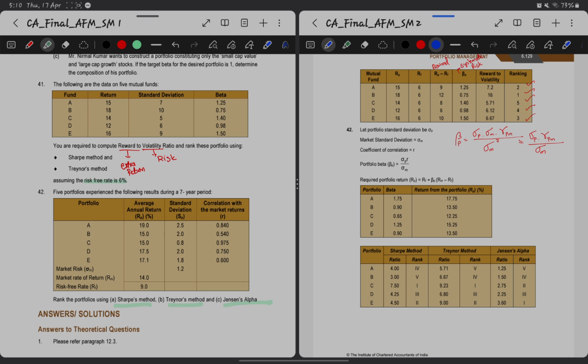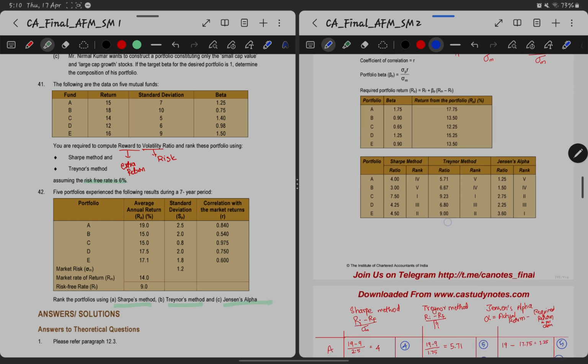Okay, proceeding further, we have the required return of the portfolio and the standard deviation, and we have risk-free return also. So using this we can directly find out Sharpe model.